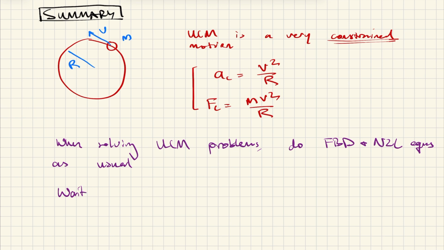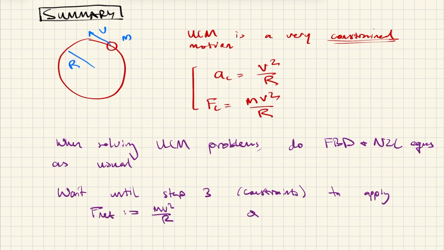Wait until step 3, constraints, to apply. F net must be definitionally mv squared over r, or equivalently a_c equals v squared over r.